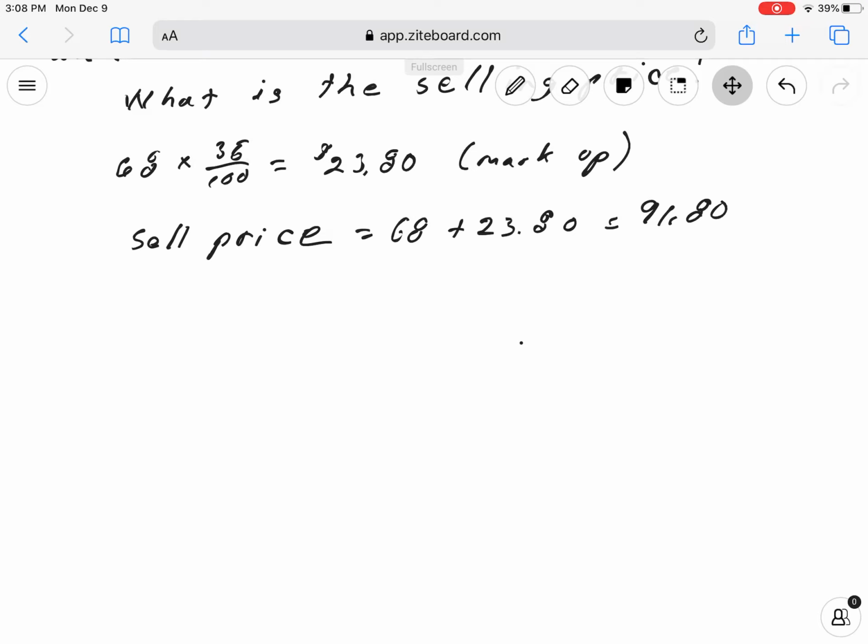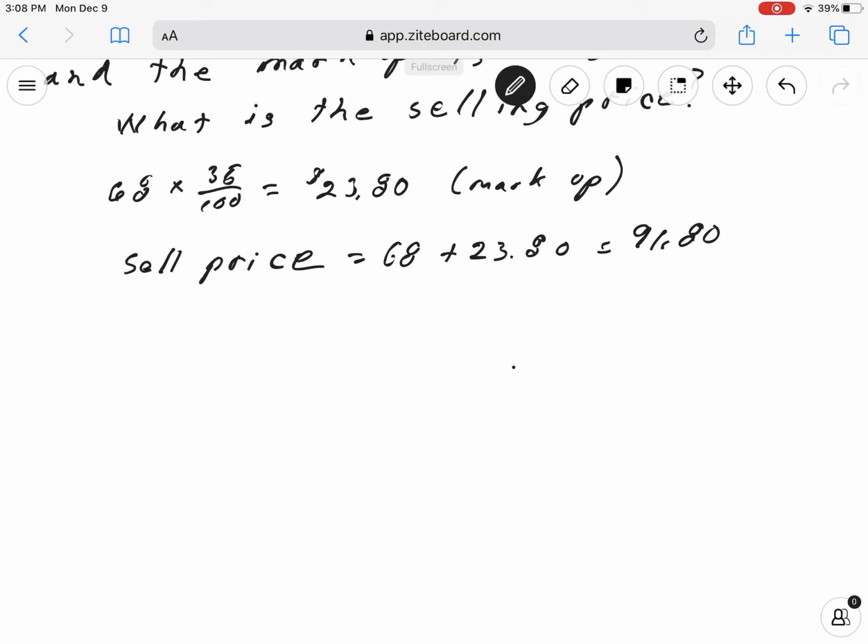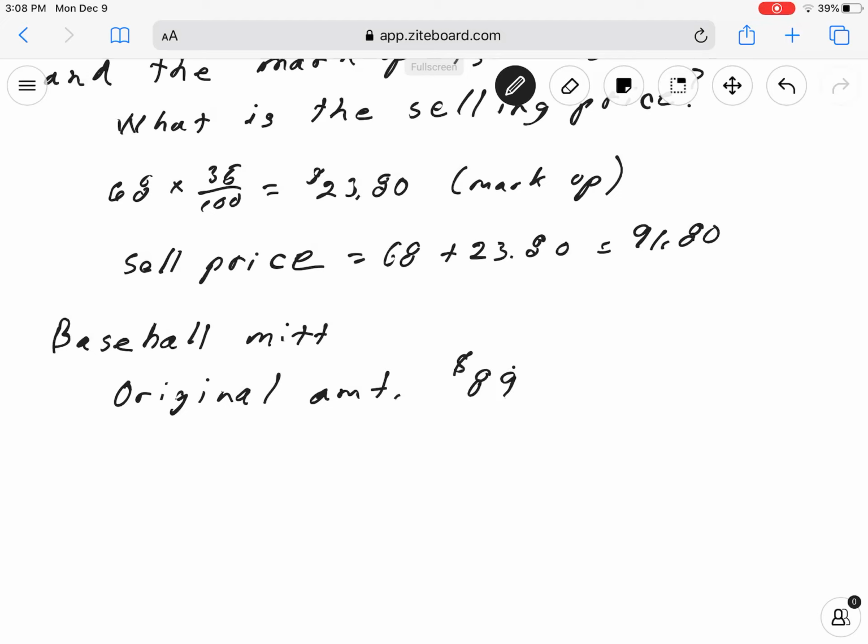Okay, so say we have a baseball mitt, and the original amount that they have it listed for is, say, $89, and it is 25% off. Again, what is the new sale price?